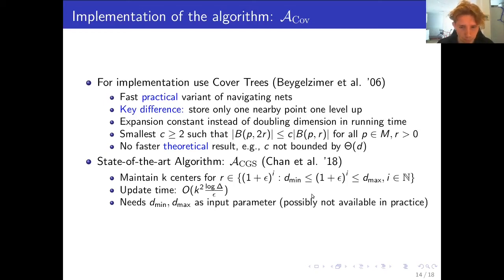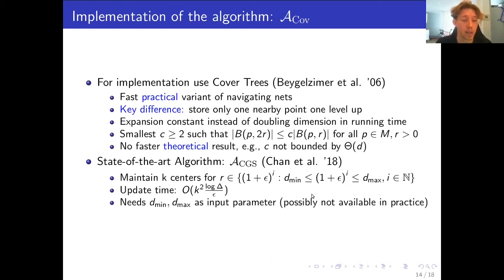And the state-of-the-art algorithm for comparison is the algorithm by Chan et al., ACGS. What they do is they maintain k-centers for different radii. This set of radii is defined as 1 plus epsilon to the i, between d min and d max obviously, and their update time is k squared log delta over epsilon.